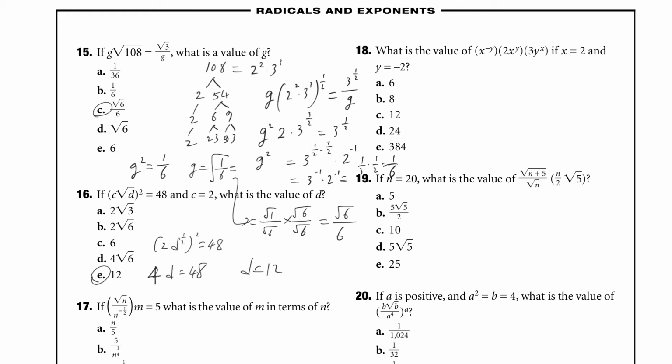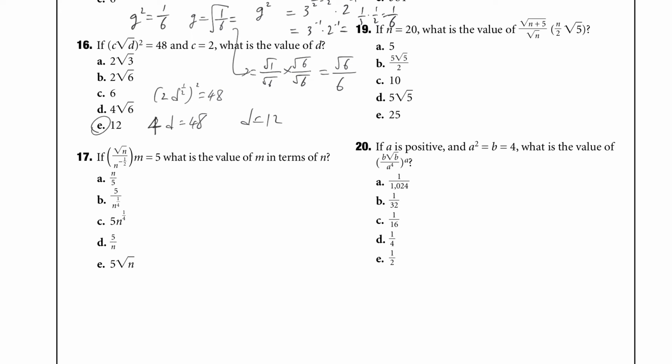That was easy. Question number 17. Square root of n, so that's n to the 1/2, over n to the negative 1/2, all times m is equal to 5.